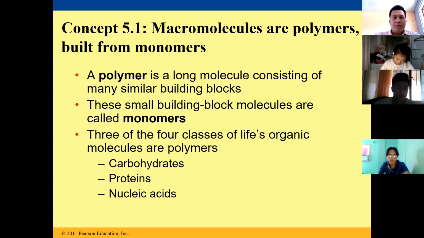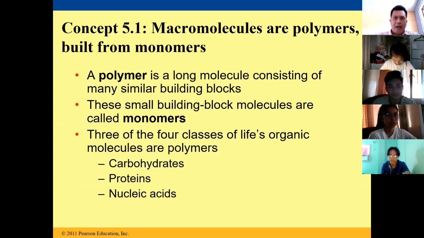We call these polymers, but the monomer of carbohydrates is said to be simple sugar or saccharide. Mono means one, which means the single building block of carbohydrates. In proteins, the monomer is the amino acid linked by peptide bonds, and the polymer of proteins is a polypeptide chain, composed of two or more peptide bonds.